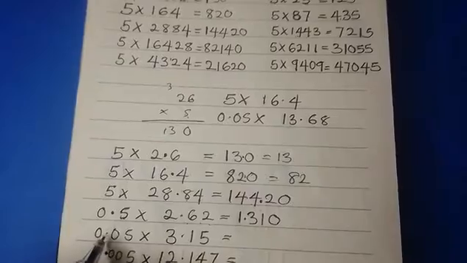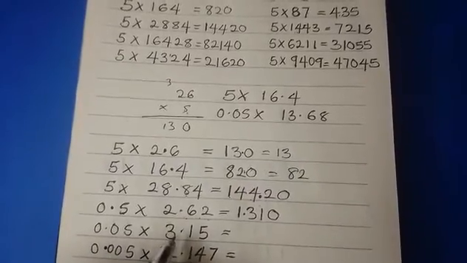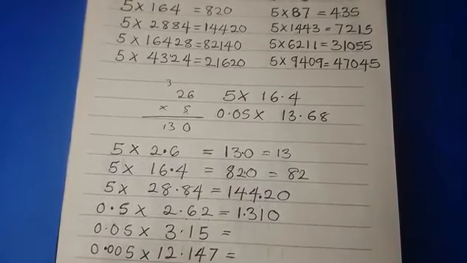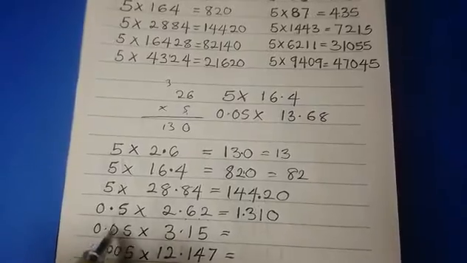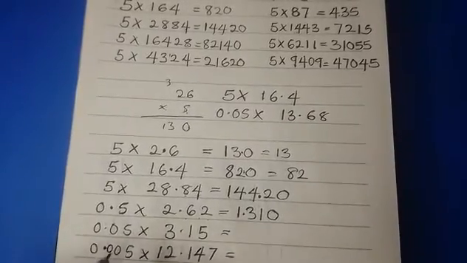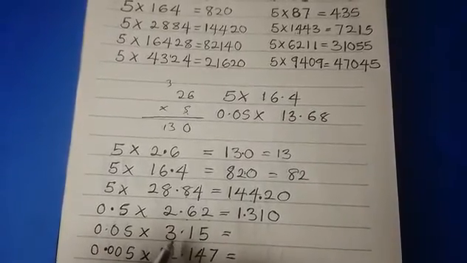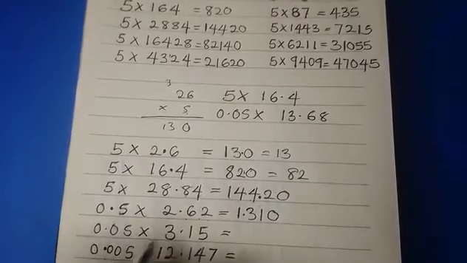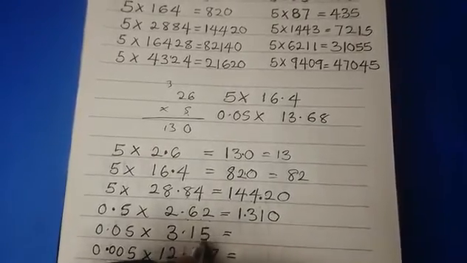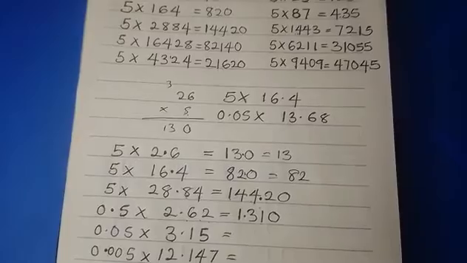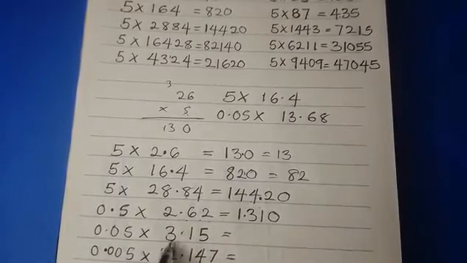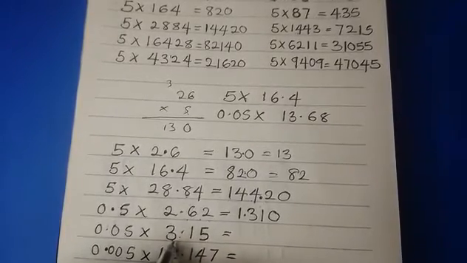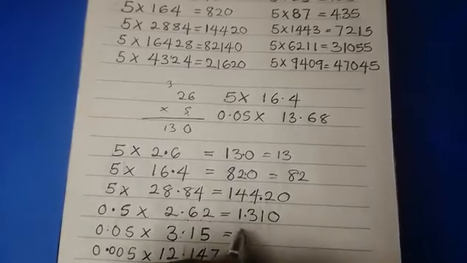Okay, so now we have 0.05 multiplied by 3.15. The same trick. Forget the decimal point first, then multiply, then bring back the decimal point. So we say 5 multiplied by 315. Observe that this is an odd number, just like the first case we looked at. So we divide by 2. 3 divided by 2 is 1.